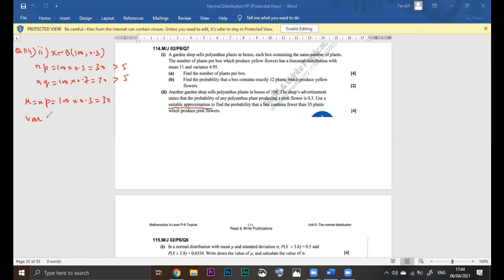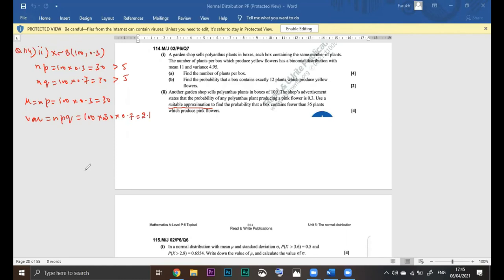Variance is equal to npq is equal to 100 into 0.3 into 0.7.